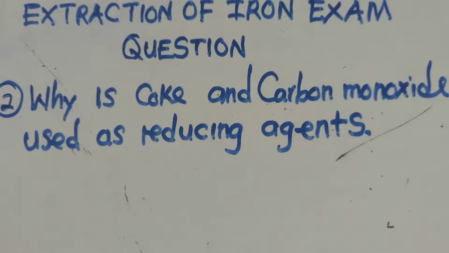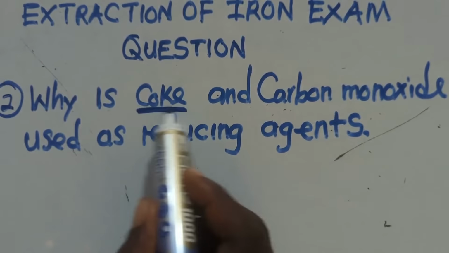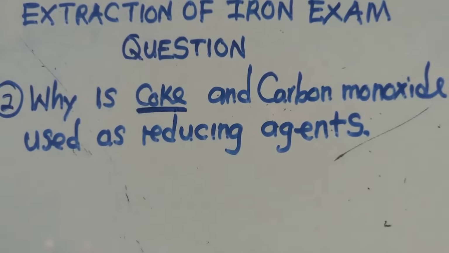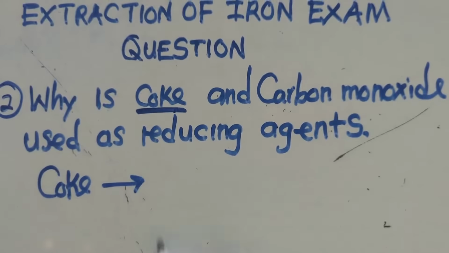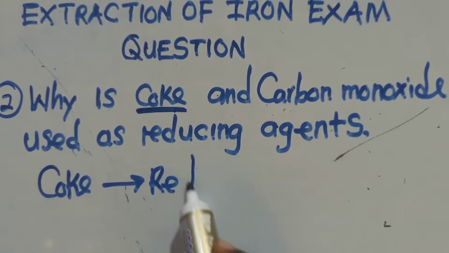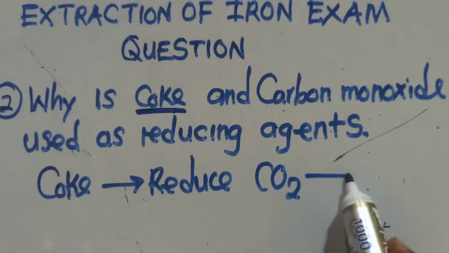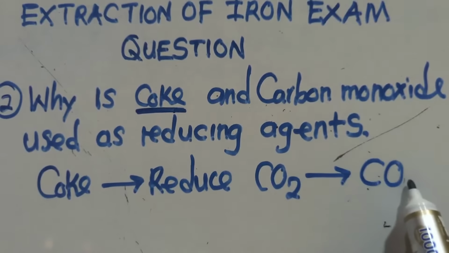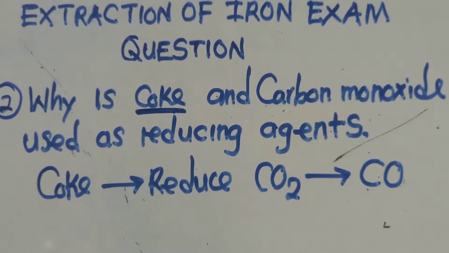Just from explaining this, I think you are able to agree with me. The reason why coke is used as a reducing agent, I'll start with the coke, is that it is going to reduce carbon dioxide to carbon monoxide. This is the reason why it is used as a reducing agent.